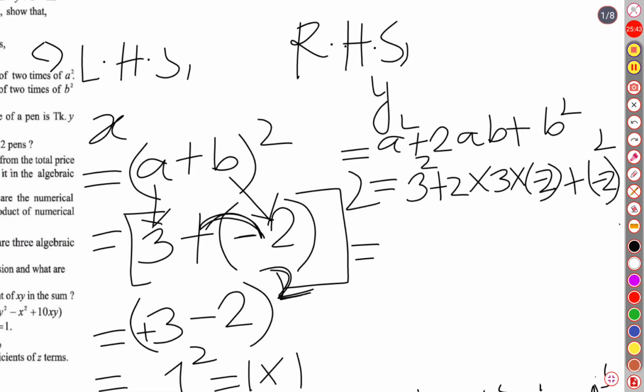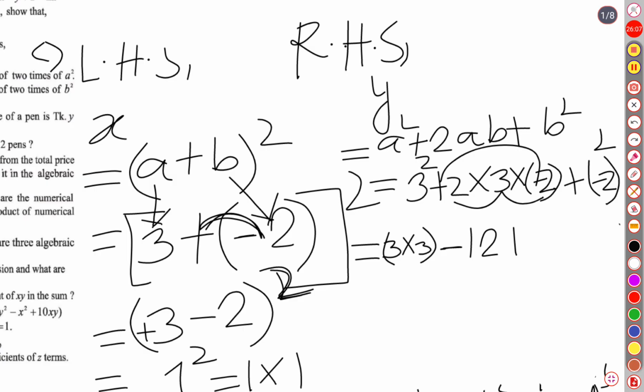Well, then 3 square means 3 into 3. Already we have come to know that square means multiplying the same quantity two times. Then here if we do multiplication, here there is one negative symbol, here positive. So symbols are different, so negative sign. Now 2 threes are 6. 6 twos are 12. Negative 12.